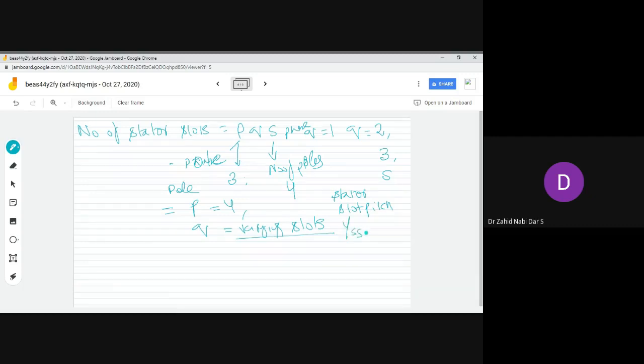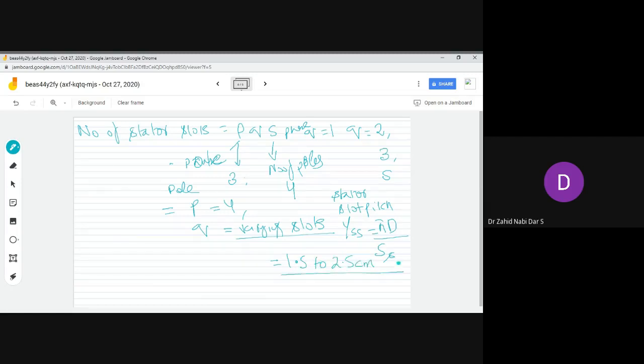In some books, lambda SS. Pi d is your circumference, and in that circumference, how many stator slots you can accommodate. So this is pi d by SS, and this value for an induction motor should be between 1.5 to 2.5 centimeter.